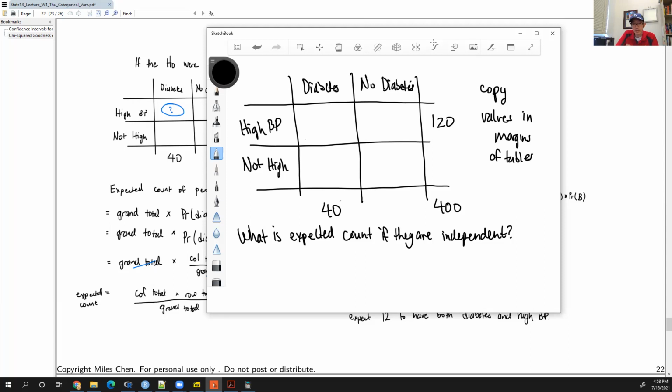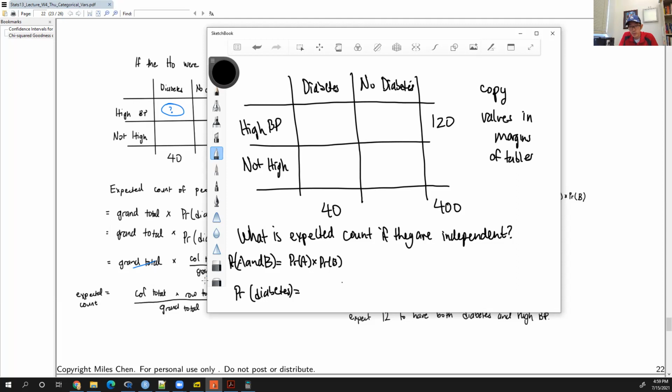Well, what we would do is say, if A and B are independent, then the probability of A and B is equal to the probability of A times the probability of B. Another way we can think of this is, what's the probability of diabetes according to my table?